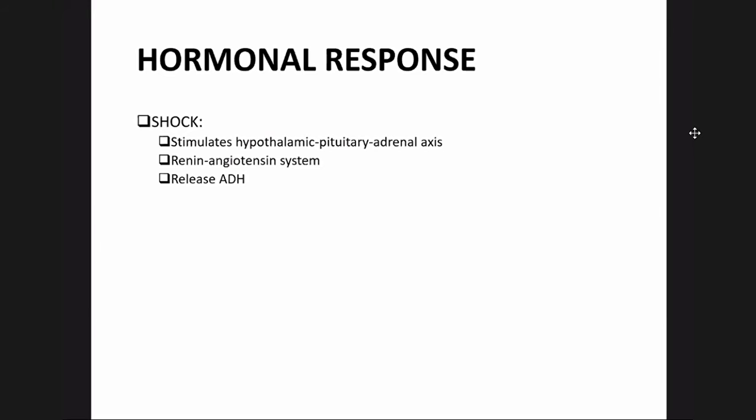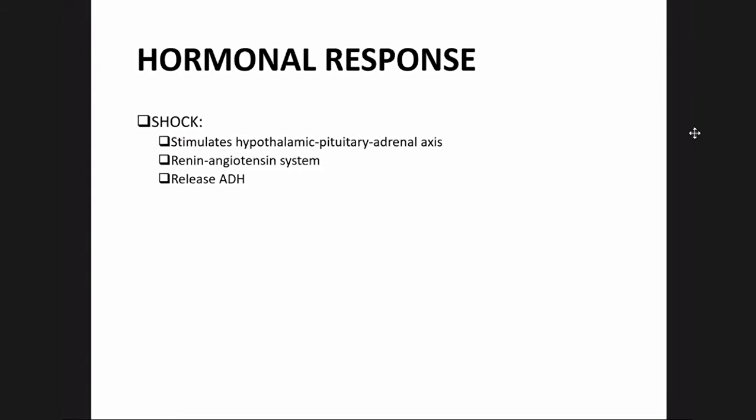And then we have the hormonal response. Shock stimulates the hypothalamic-pituitary-adrenal axis, which releases ACTH hormone by the pituitary.